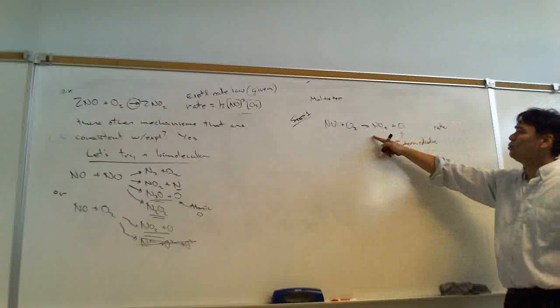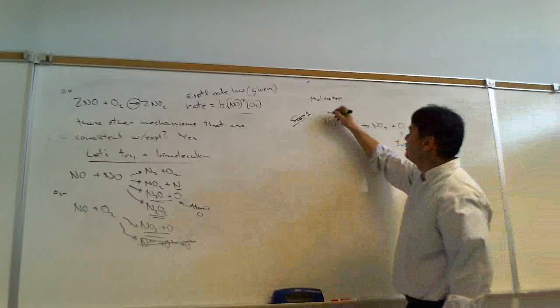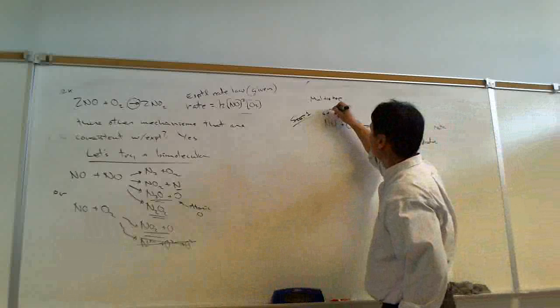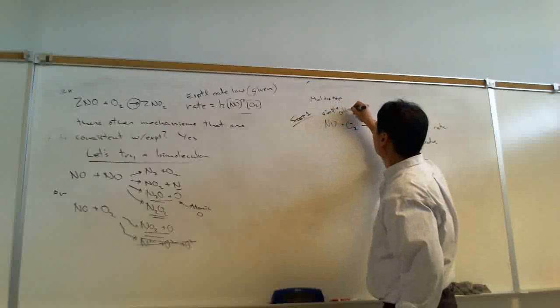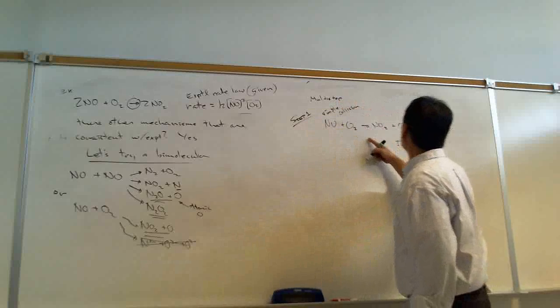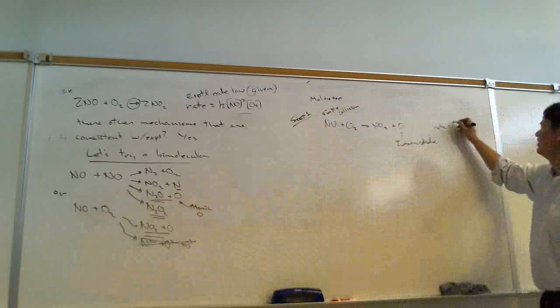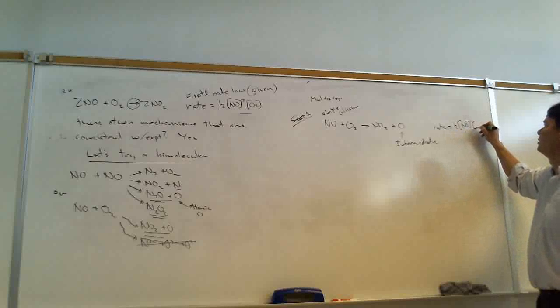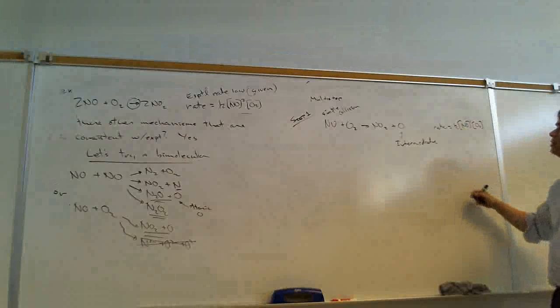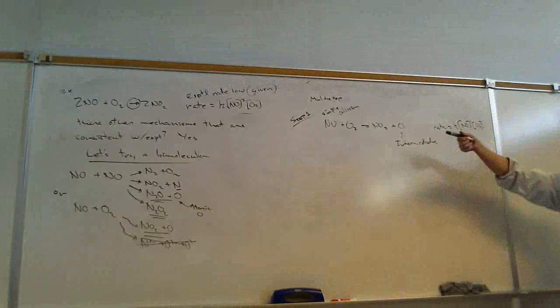If this is a simple one-step collision, and so these would all be simple collisions here, nothing hidden, then the rate is just going to equal K times NO to the first, O2 to the first. And so we look at this rate law, it doesn't match.